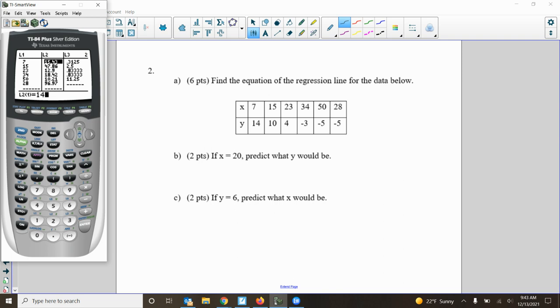And 14, 10, 4, negative 3, negative 5, negative 5. STAT, CALC, one variable, oh, it's not that one variable, so that's linear regression. L1 comma L2. And we get y equals negative 0.48x plus 15.05.